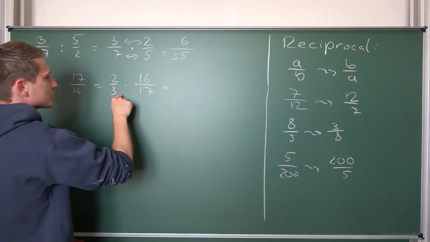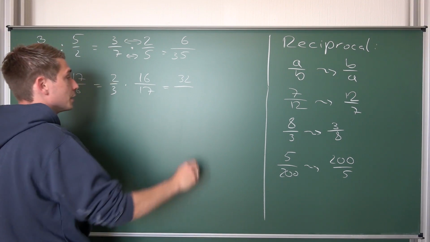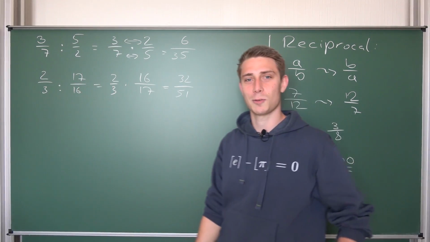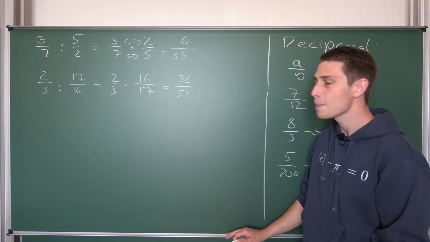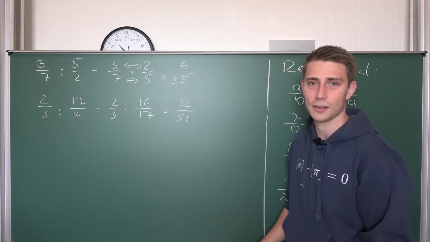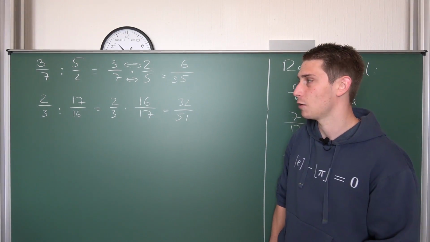Now multiplying both fractions together gives us 32 over 3 times 17 is going to give us 51. No, 51, alright. That was a close call. Nearly got that wrong. And then we are done. It's as easy as it is, you see, and many students have problems with this and I don't know why. It's just basically more sophisticated multiplication, you could say, of fractions.